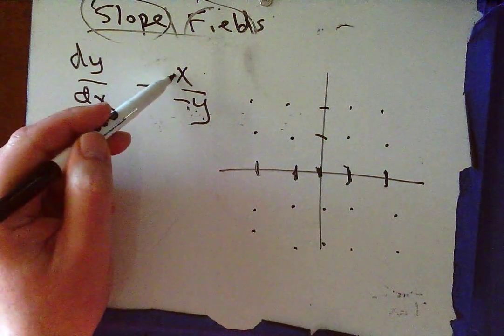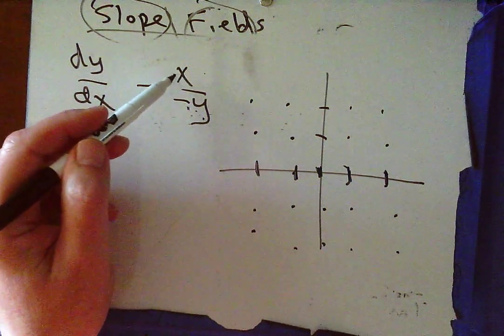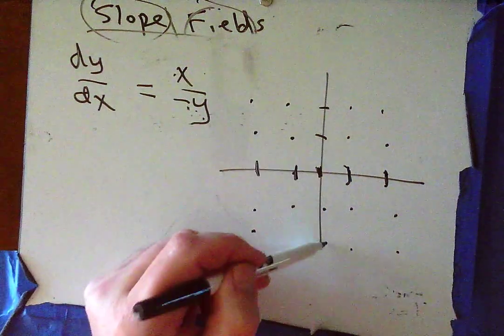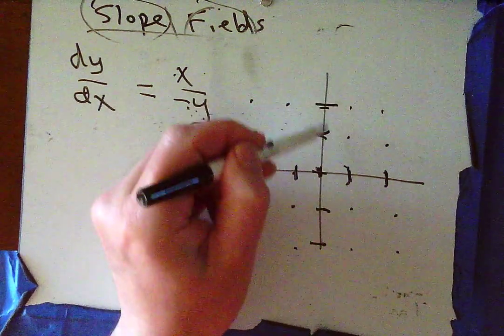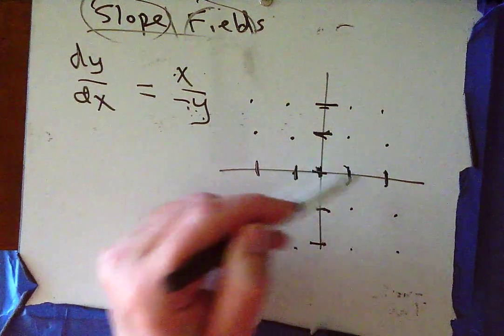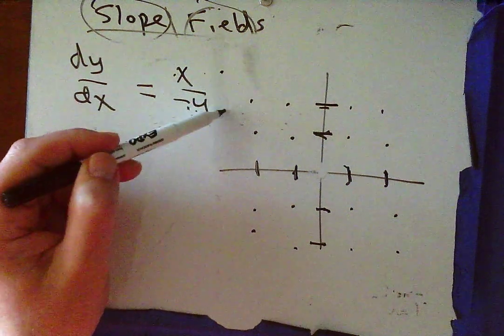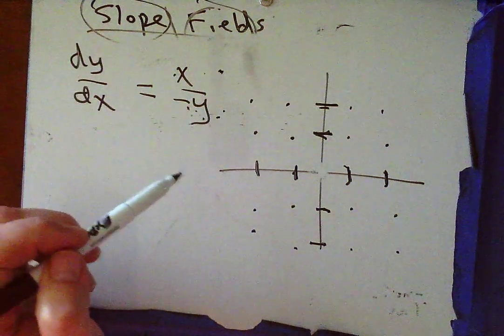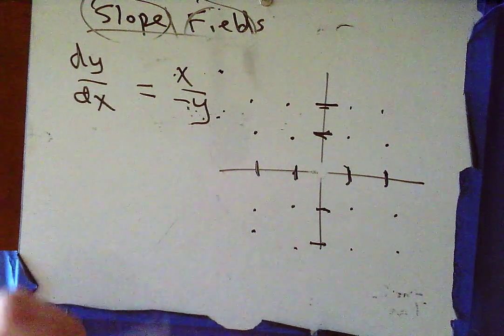As opposed to if I plug in x equal to 0, that's along here, I have a slope, or dy dx, equals 0. Now, notice this troublesome point where I have both a vertical slope and a horizontal slope. Well, that's because I'm doing 0 over 0, and that's an indeterminate form. And so I'm actually going to leave that one blank right now.